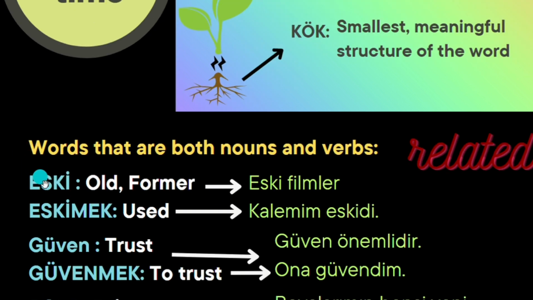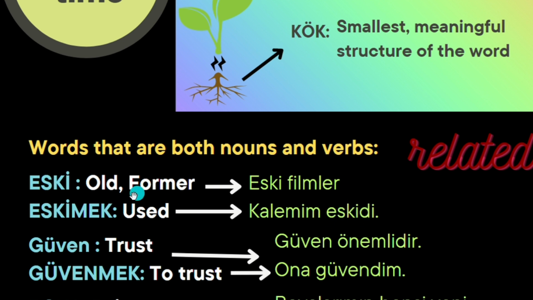We use eski as a noun form, but we can also use the same word as a verb form, eskimek. It means used. For example, kalemim eskidi. Kalem means pencil. Kalemim means my pencil.